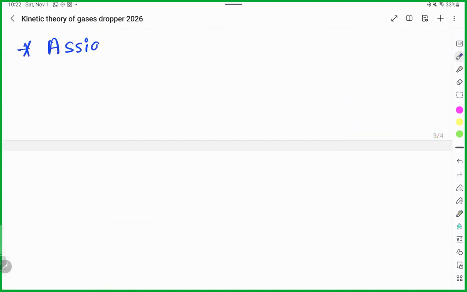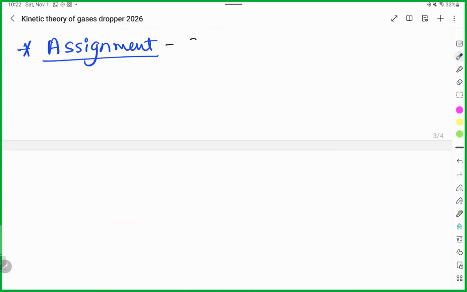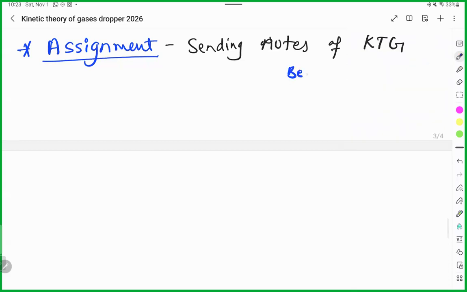So today's assignment before sleeping is sending me notes of KTG, kinetic theory of gas, whatever we did so far. Not many questions you can solve from this. Before sleeping means before 12 o'clock.